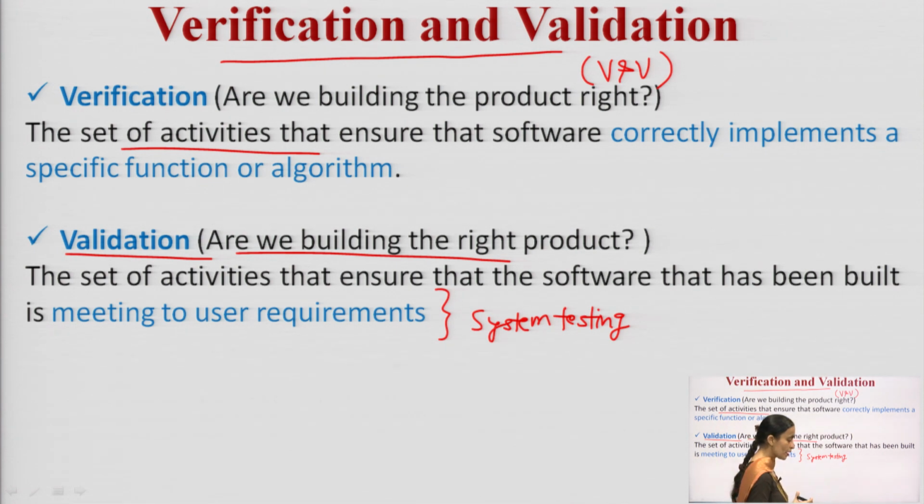That SRS was an MOU kind of document, signed between the customer and the software design team. So, are we building the right product? The strategy that we have selected being right comes under verification, and whether the product that we have built is right comes under validation.